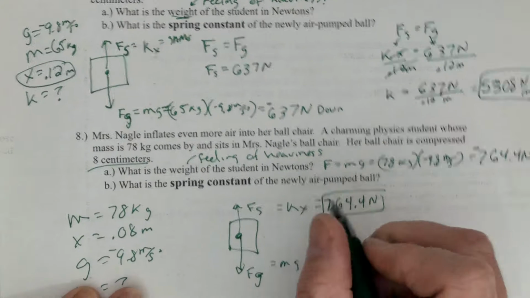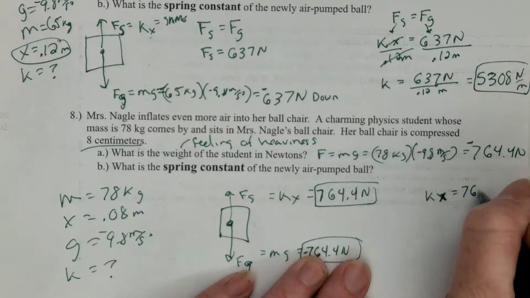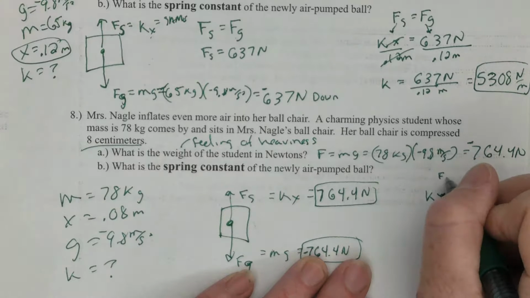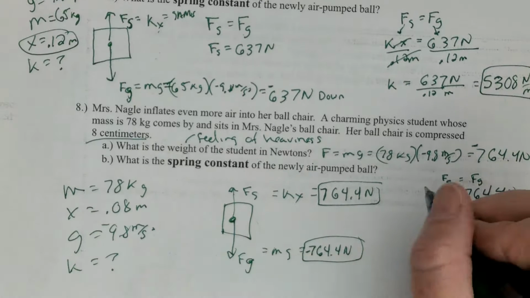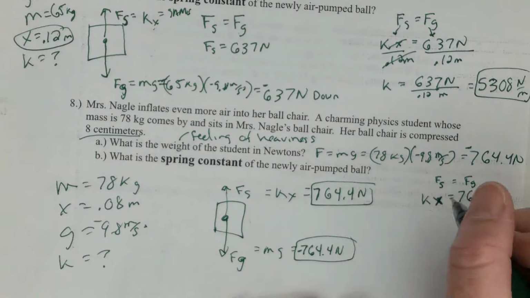Solve for the K. So Kx equals 764.4 newtons, because that's the force of the spring. This is the force of gravity. They're both equal. Notice I got rid of the negative sign because I'm trying to show that these two are the same, just equal and opposite.